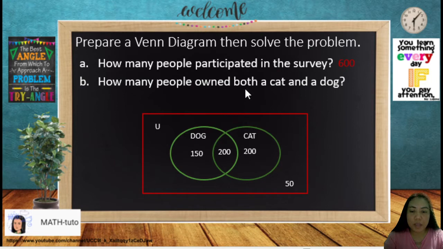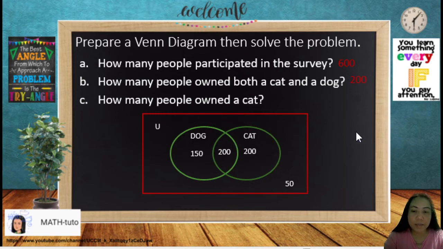So we see here the words both and, which means we are looking for the intersection of cat and dog, and that is 200. Next, how many people owned a cat? So we will look at the set that contains cat. We have here 200 and 200, so the answer is 400.